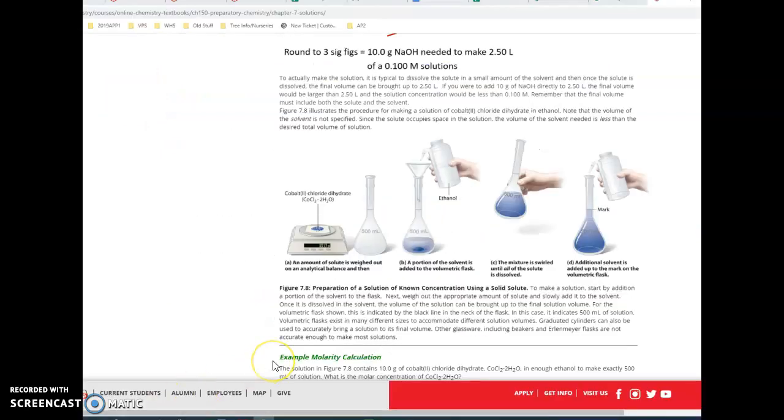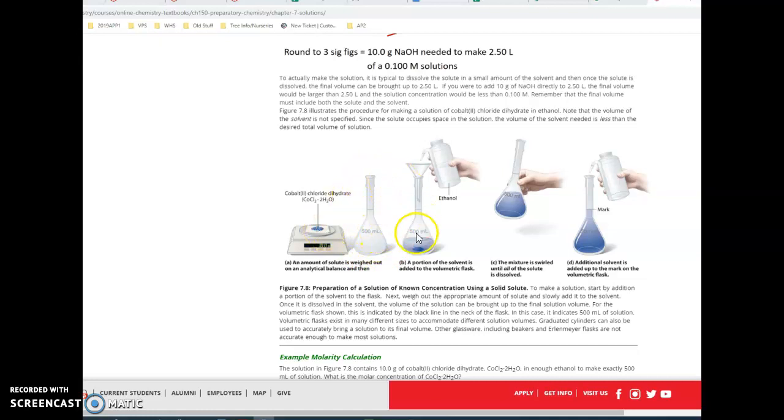The question you might ask is, hey, how do I make a solution like this? Well, the basic process for this is you would weigh out the known or needed quantity of the solid. If it's a solid solute, we'll deal with liquids in a little while. And you would have a volumetric flask of a certain volume.